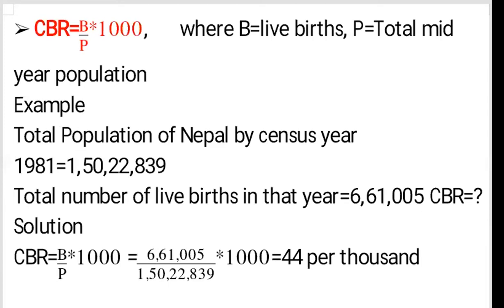So the unit of CBR is per thousand. So not only 44, 44 per thousand is the answer of CBR, by taking the total births divided by total population multiplied by 1000 to calculate CBR.